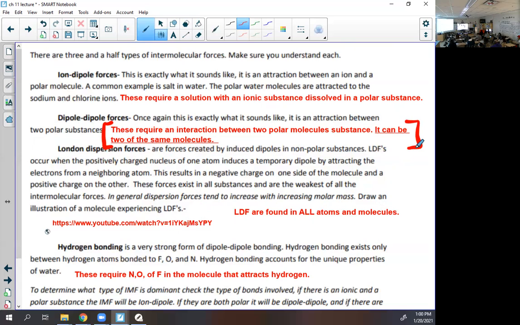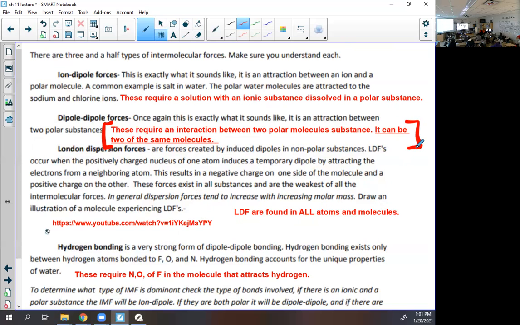All right, London dispersion forces, also known as LDF, are forces created by induced dipole in nonpolar substances. We'll watch a little video of this tomorrow. London dispersion forces occur when the positively charged nucleus of one atom induces a temporary dipole by attracting the electrons from a neighboring atom.